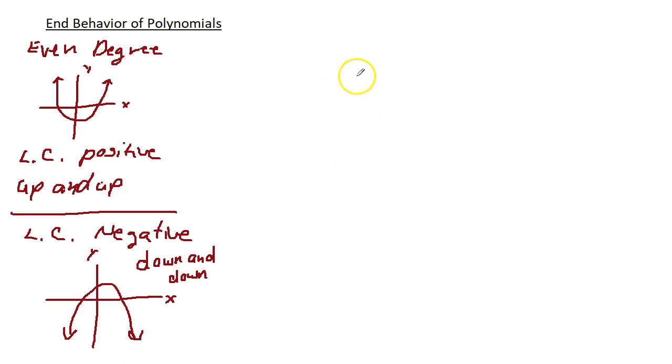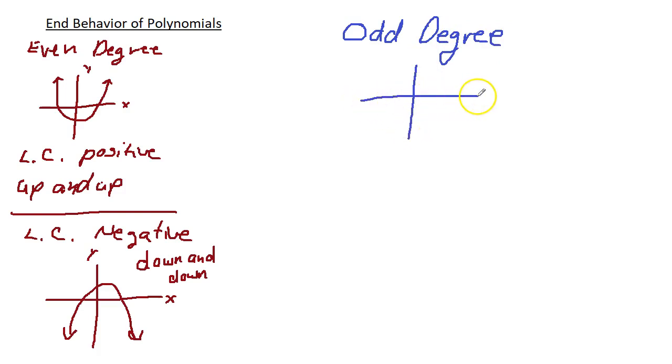Okay, now the other type of degrees, if the first types were even, the second type would be odd. So for odd degrees, a basic picture of something with an odd degree would either be like a line, linear, or we could get fancy and do a cubic function, like that.